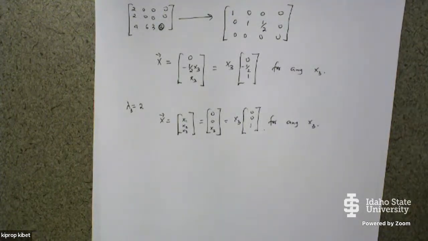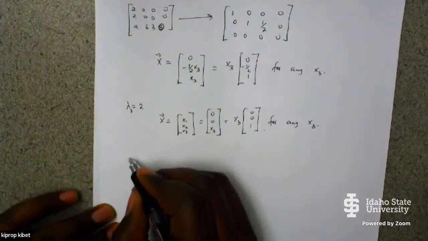So we have now solved the eigenspaces. This one, the other one. Now our P, we now get our P from the eigenspaces.